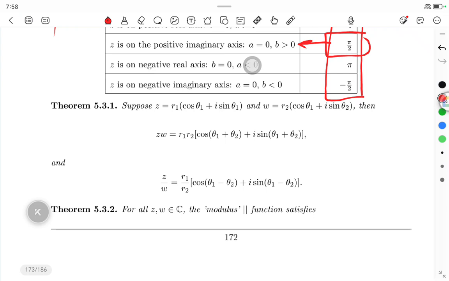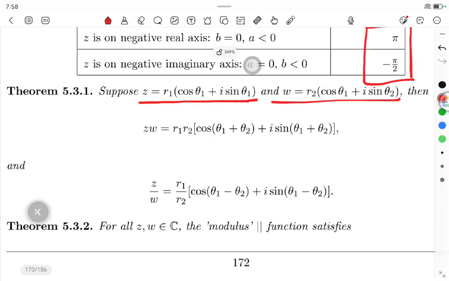So let's say, suppose that Z is equal to R cos this I sine, and W is equal to this. We can just go through them now and then I'll explain. Now they say Z is equal to R1 cos of theta 1 plus I sine of theta 1, and W is equal to R2 cos of theta 2 plus I sine of theta 2.